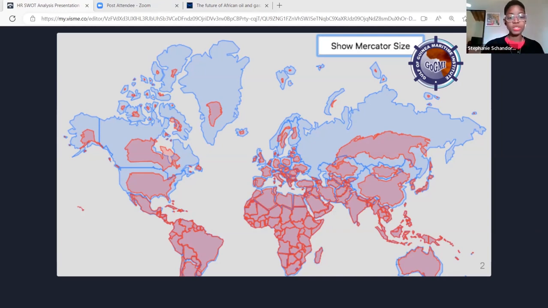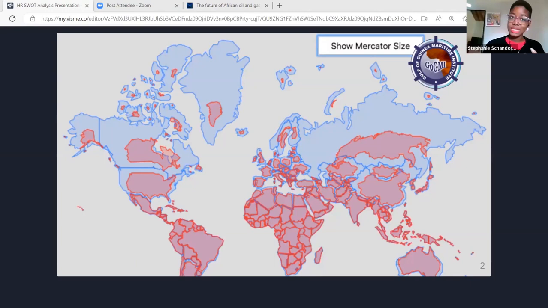All right, so I was talking about why the maps are different. For purposes of nautical navigation, the Mercator projection stretched up and sort of warped the sizes of countries that were further away from the equator. And so what this means is that in the maps that we are all used to, Europe, USA, Canada, and Russia, for instance, are all projected as much larger than they really are.